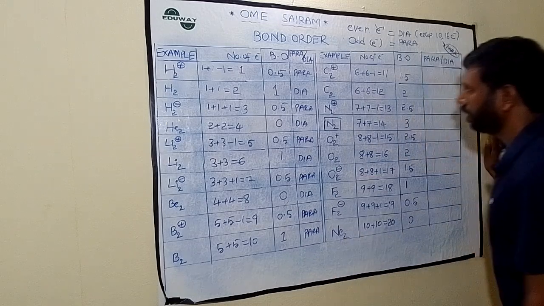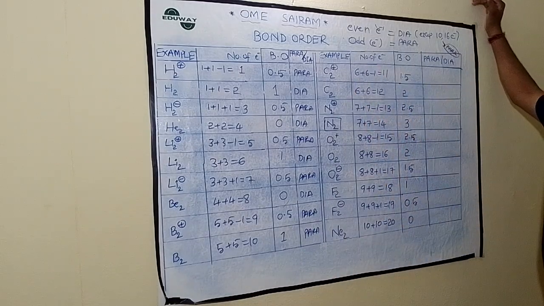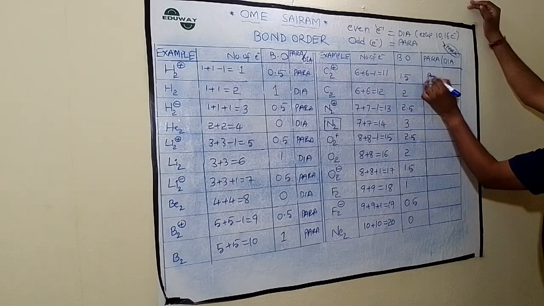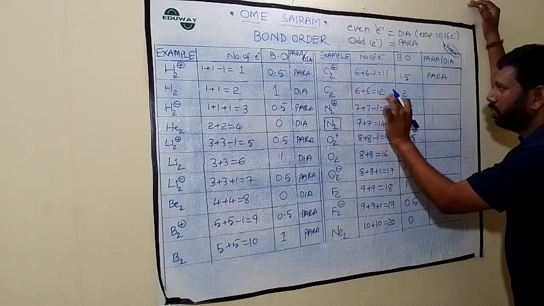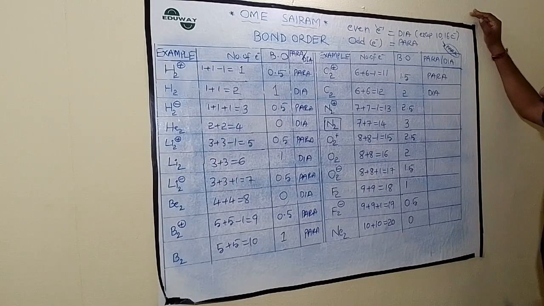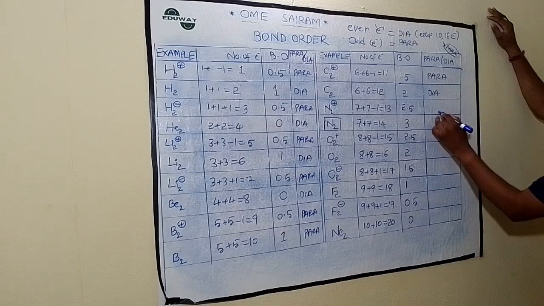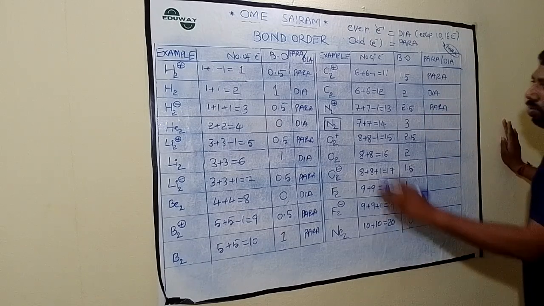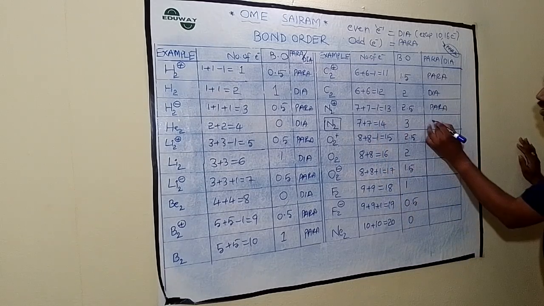it will show paramagnetic. Next, C2 positive contains 11 electrons, odd number of electrons, it shows paramagnetic. C2 molecule contains 12 electrons, it is even number of electrons, diamagnetic. N2 positive contains 13 electrons, it is odd number of electrons, it shows paramagnetic. N2 molecule contains 14 electrons, it is even number of electrons, it shows diamagnetic.